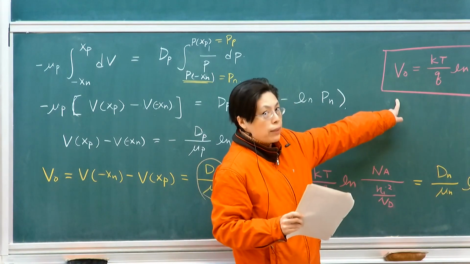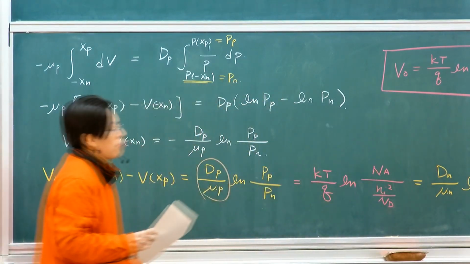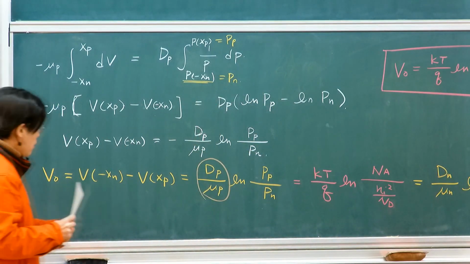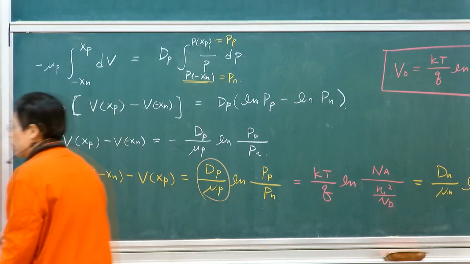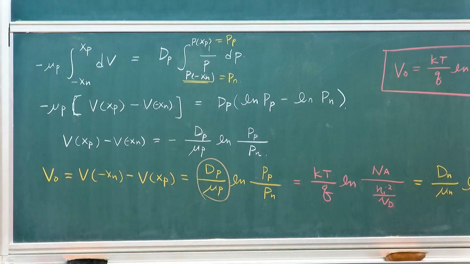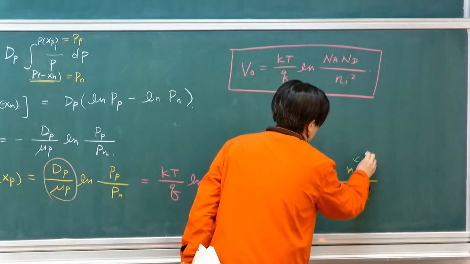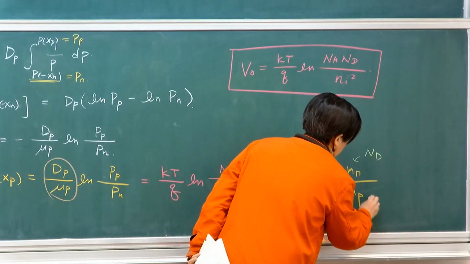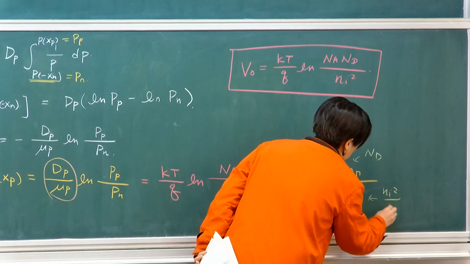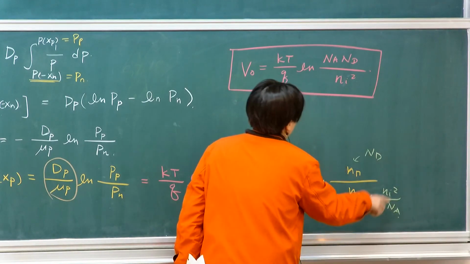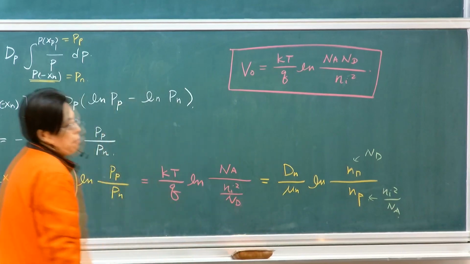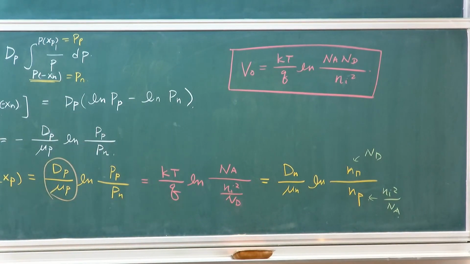But the results will be the same, identical. Right? Because what is this? This is Nd. This is ni squared divided by Na. So you flip it, and it will be the same. Okay?